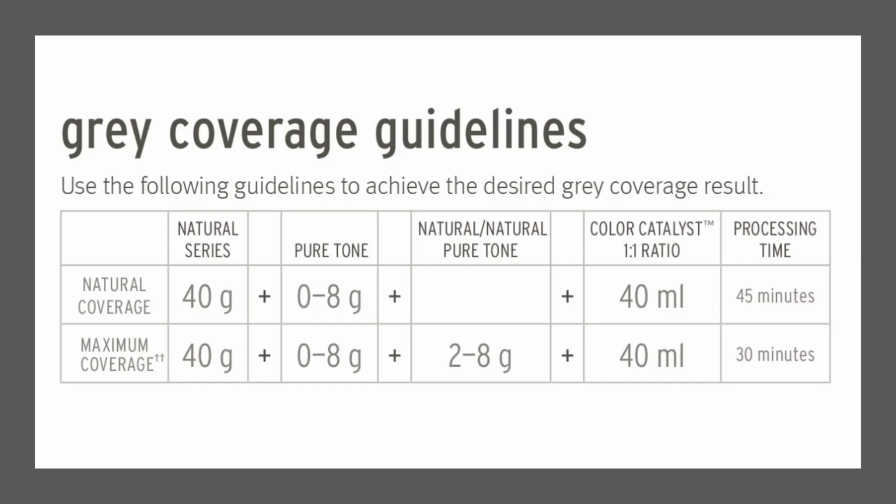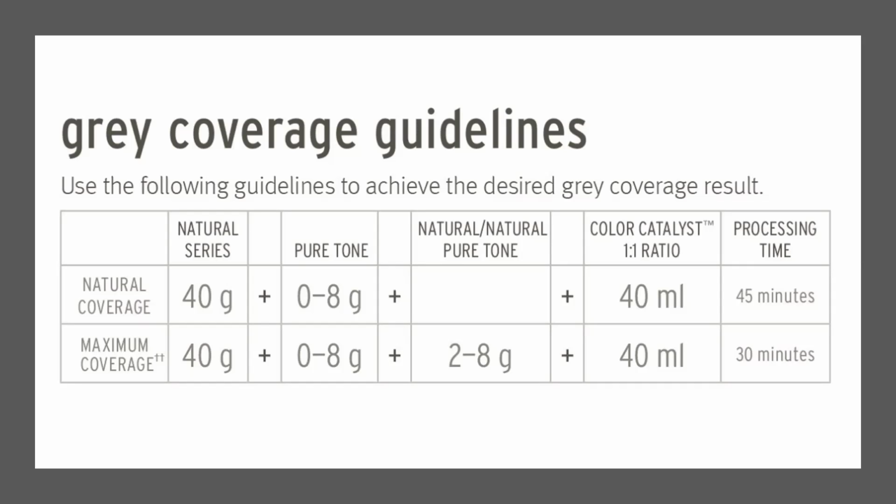Say, for instance, you've got 40 grams of, let's say, 9N, and then you're going to use in your tones, you may use 4 grams of your light YO, and then you're also going to use 4 grams of your light natural. So whatever you put in your tone, you're going to match with your natural range.